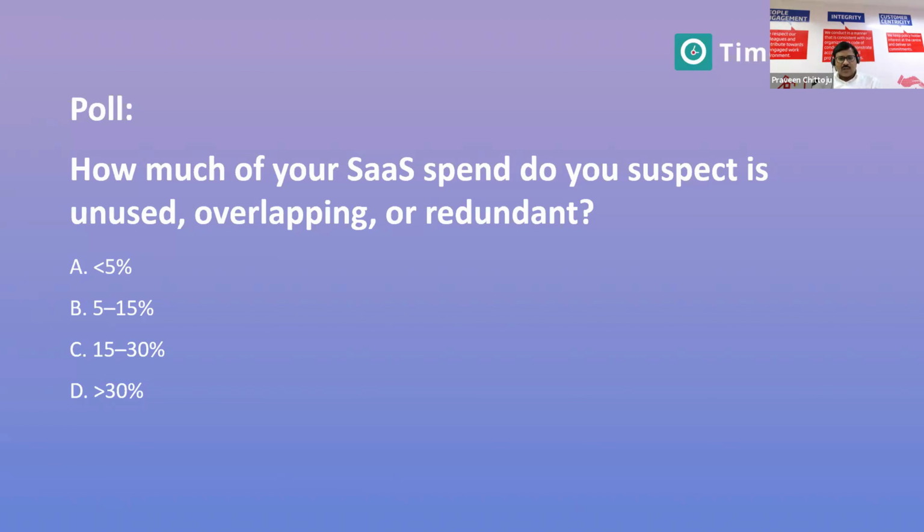One second, I will give the control to you. Please click on A if it is less than 5%. If it is 5 to 15%, click on B. If it is 15 to 30%, click on C. If it is greater than 30%, click on D. Yes, I'm launching the poll. Be ready with your answer.